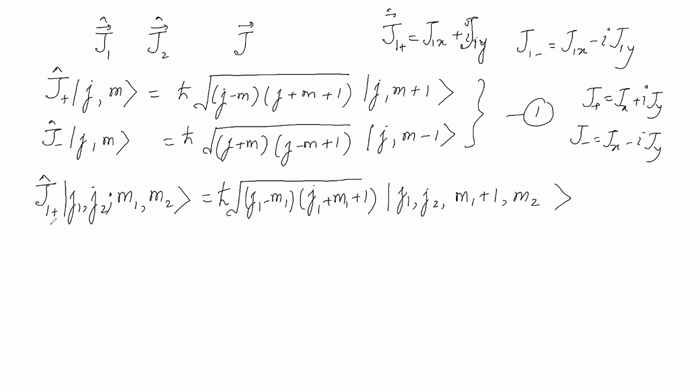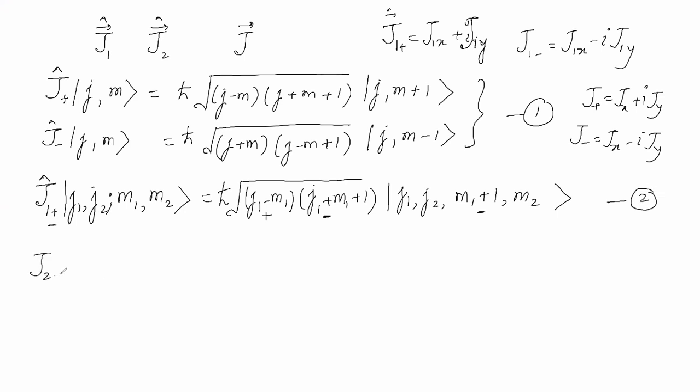And if it is J1 minus, then there will be a plus sign here, a minus sign here, and a minus sign here. Say this is equation number 2.